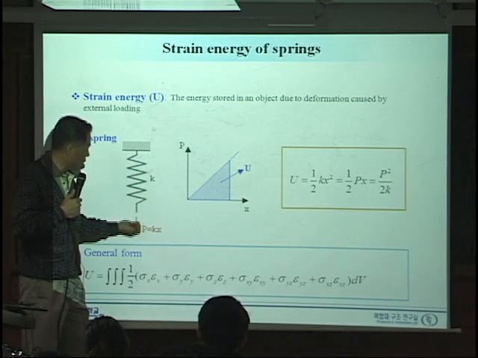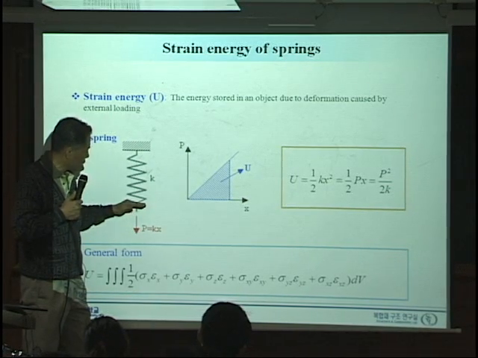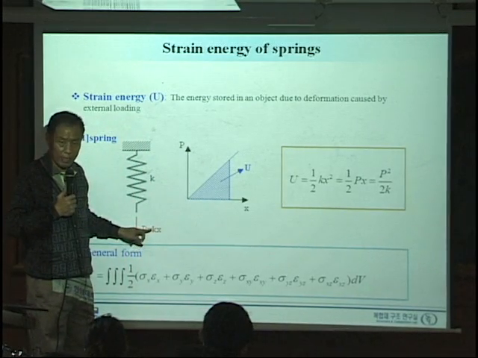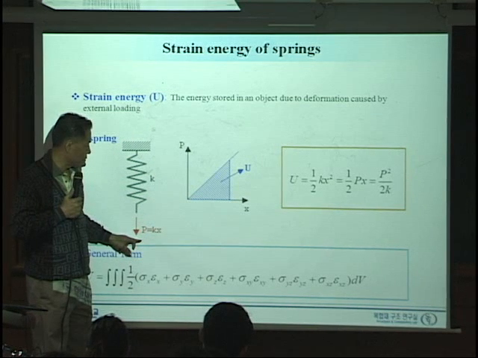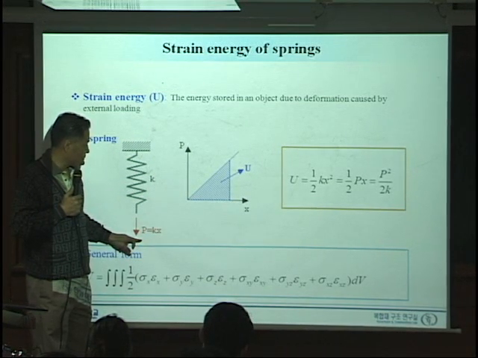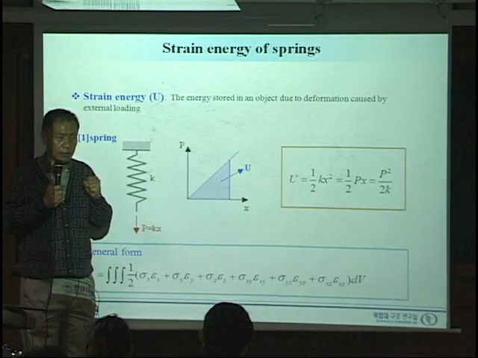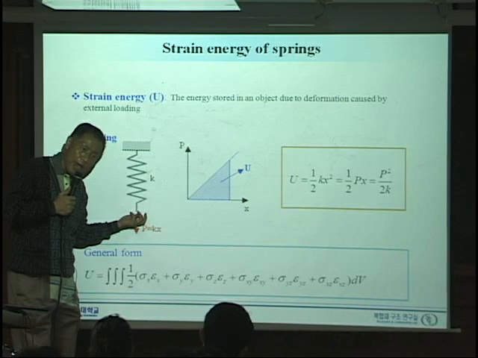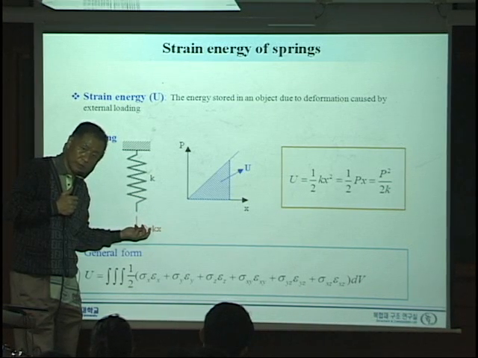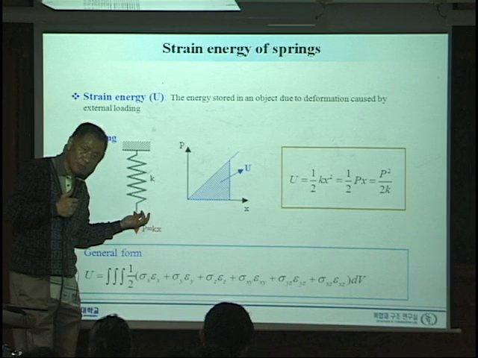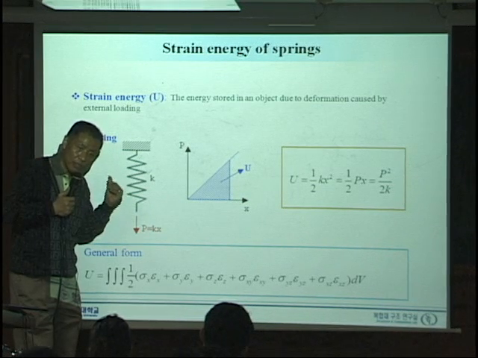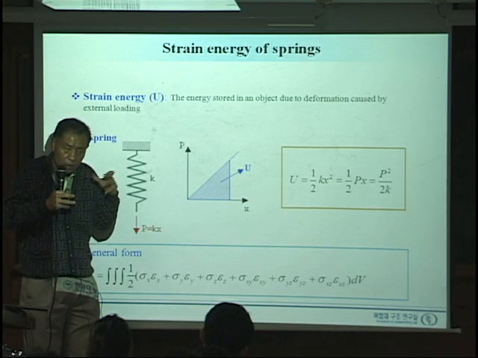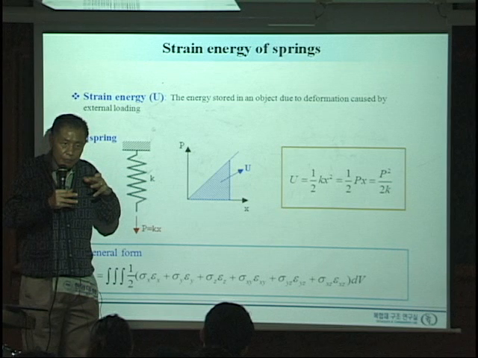And this force, P, when this one has a deflection up to x, then simply the force you need to apply is k times x. And this spring, when you apply force P, and this force P has moved, which means that at this point, you give some work to this spring, and the spring contains some energy.